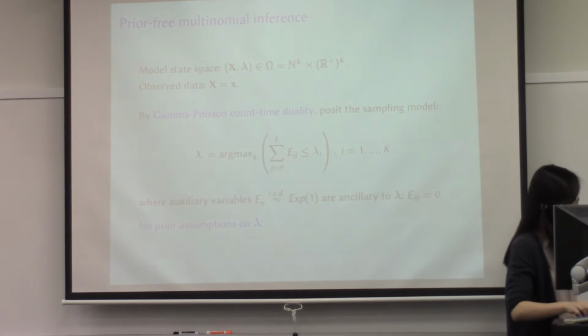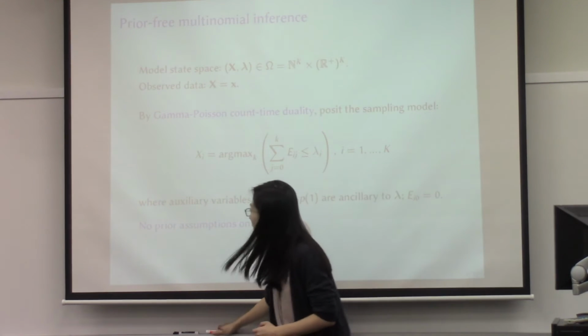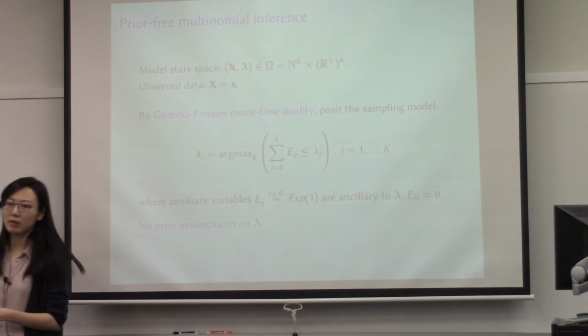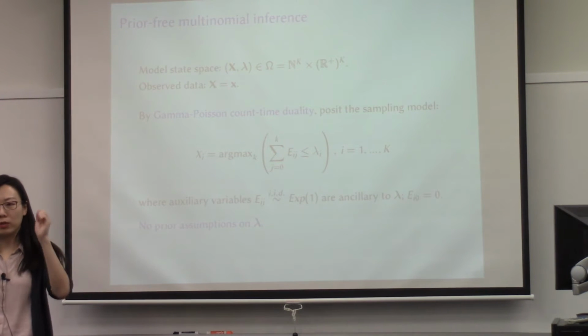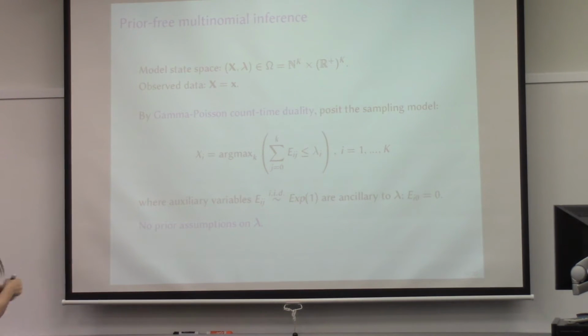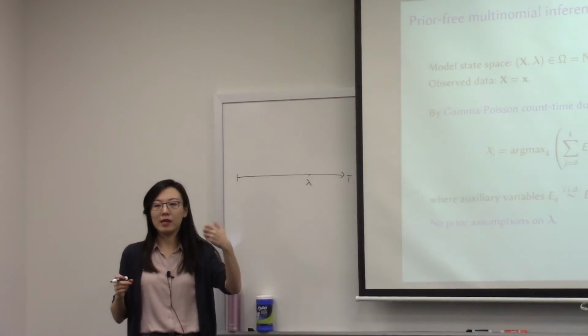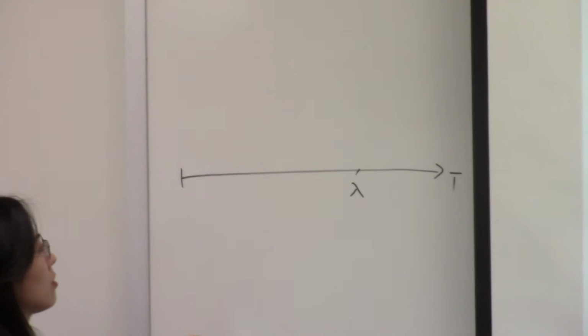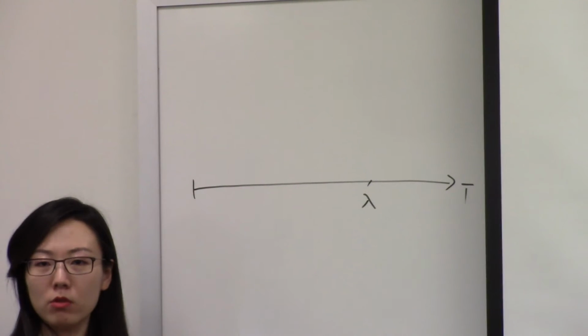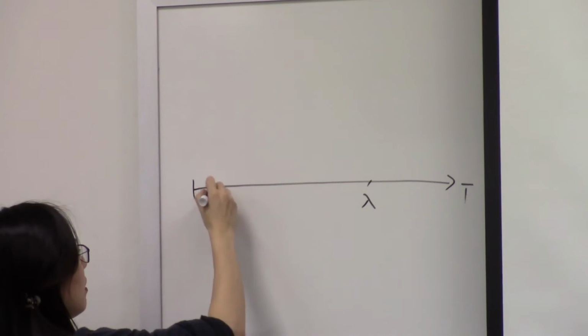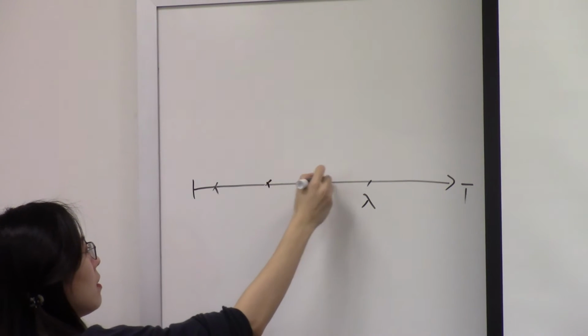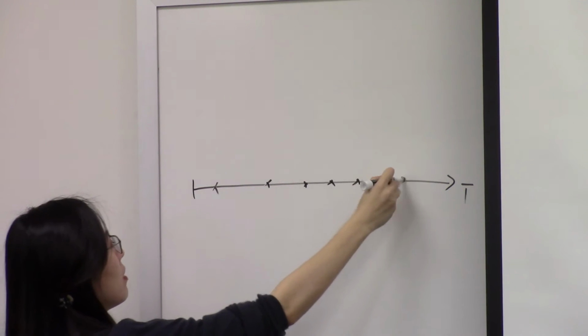And the way this works is this. If you recall what you learned in stochastic processes, there is a count-time duality between gammas and Poissons. If I let a Poisson process go, and this is time, suppose this is lambda, then in order for a Poisson random variable to take a value of, say, x, let's just wait for exponential random variables to arrive individually: there's one, and one, then another, and another, and there is another one.